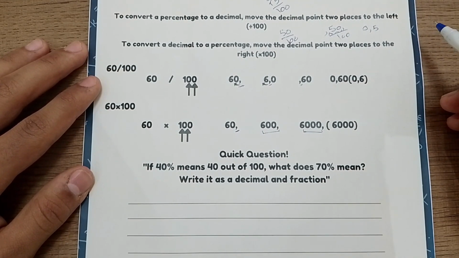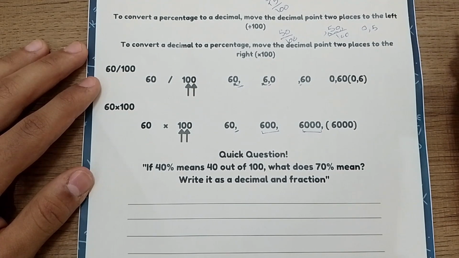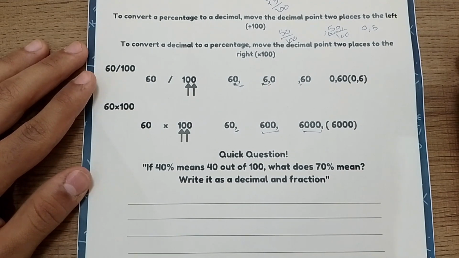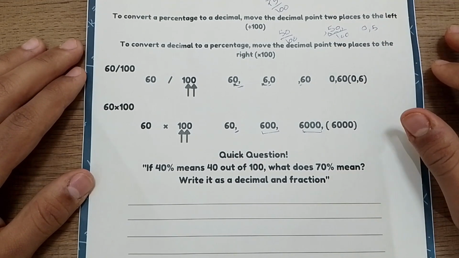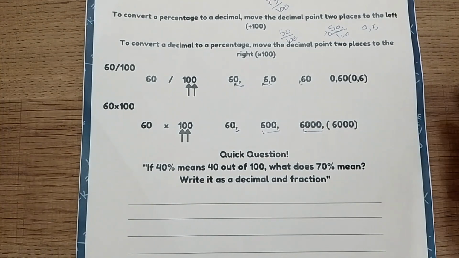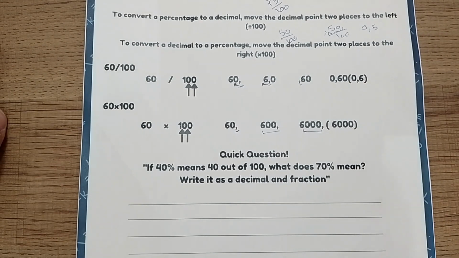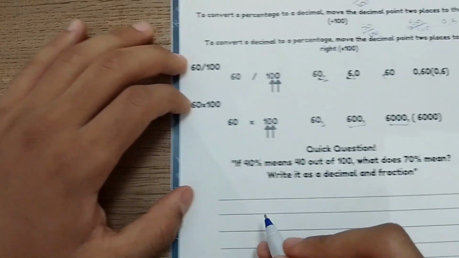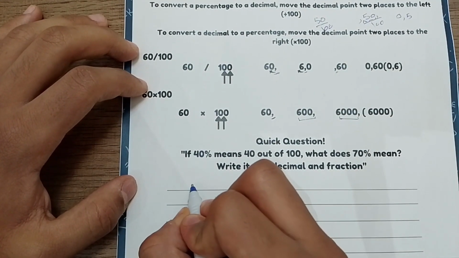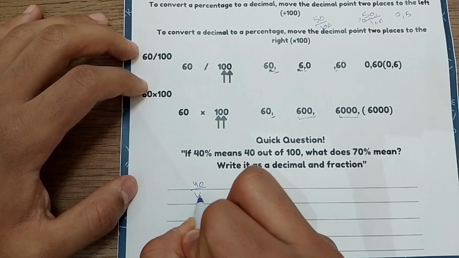It says, if 40% means 40 over 100, what does 70% mean? Write it as a decimal and fraction. What we have learned is that the decimal is 0 point something, and the fraction has a numerator and denominator. So 40% means 40 over 100.